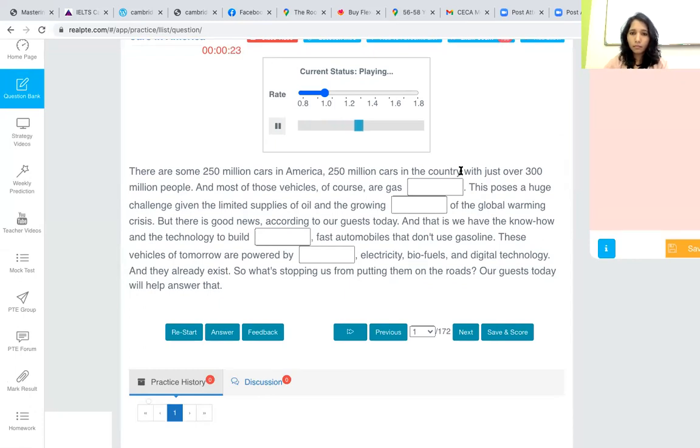But there is good news, according to our guests today, and that is we have the know-how and the technology to build sleek, fast automobiles that don't use gasoline. These vehicles of tomorrow are powered by hydrogen, electricity, biofuels, and digital technology, and they already exist. So what's stopping us from putting them on the roads? Our guests today will help answer that.